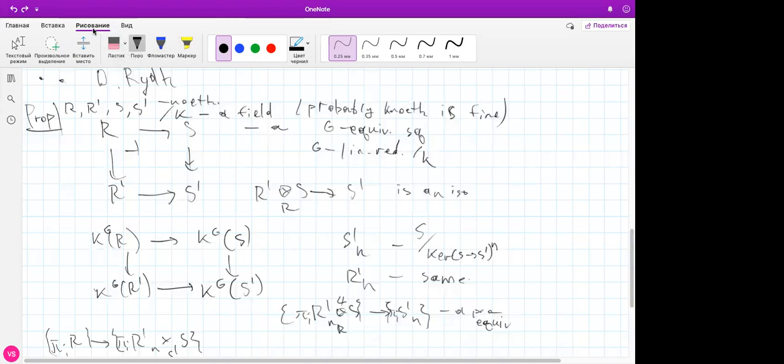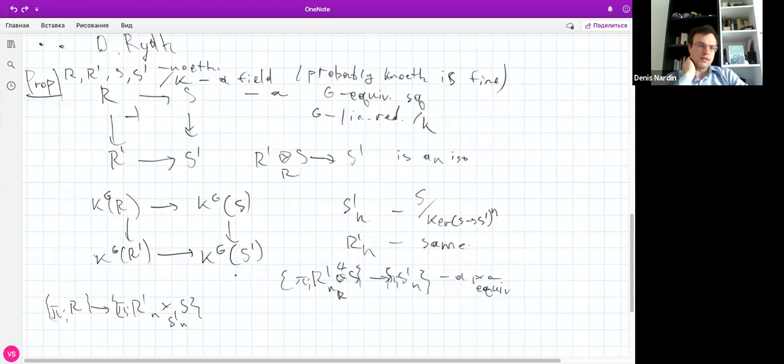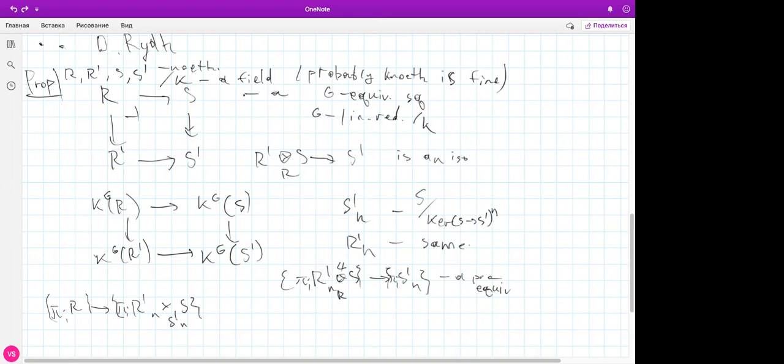Well, R, S, R prime, S prime are rings or simplicial rings in this setting. So if I just write homotopy groups, nothing changed. You just think that they are zero, except in degree 0. But later, I want them to be simplicial rings or E1 rings. So let me write it like this for the moment. But later it will make more sense. Sure, it does make some sense.